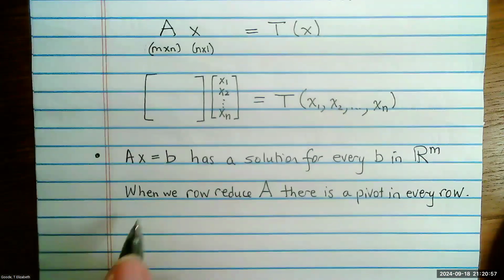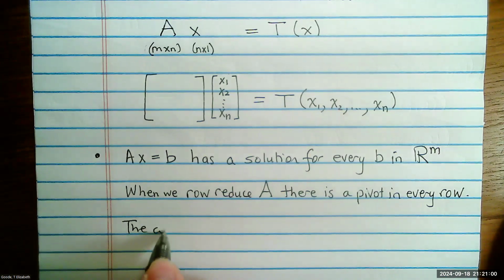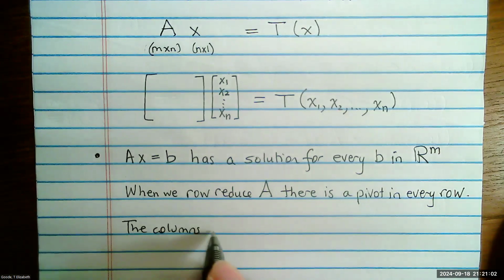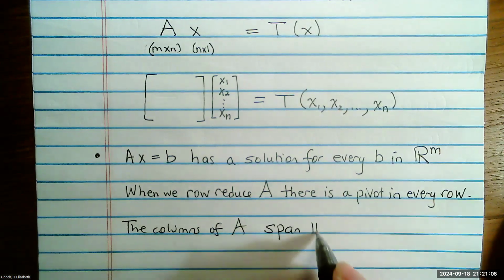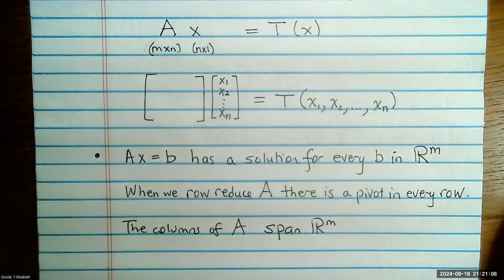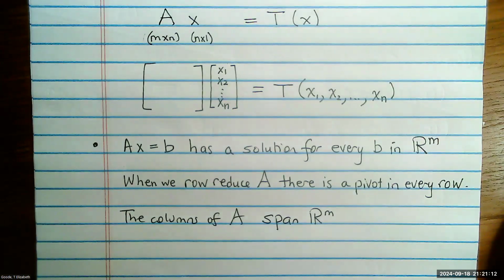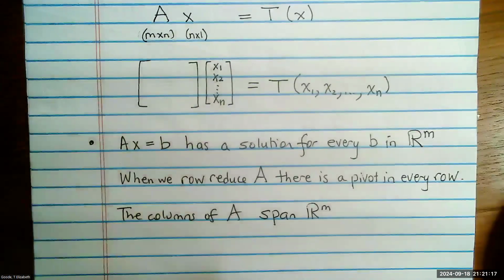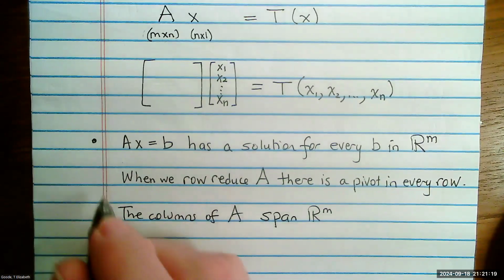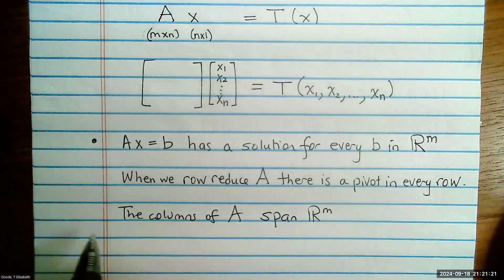Another way to say it is the columns of A span Rm. These are all different ways to say the same thing. Now that's not even talking about T yet. Right now, we're just talking about the matrix A. These all mean the same thing.